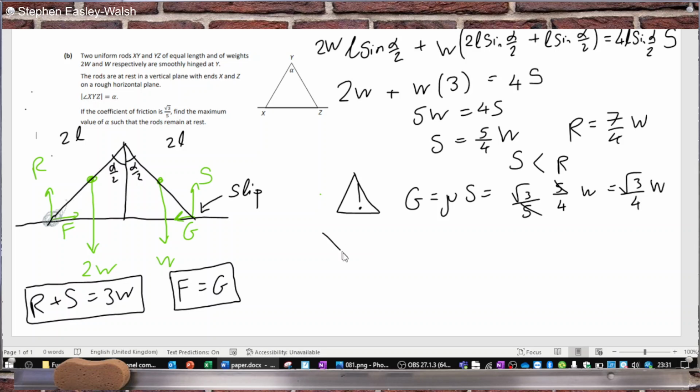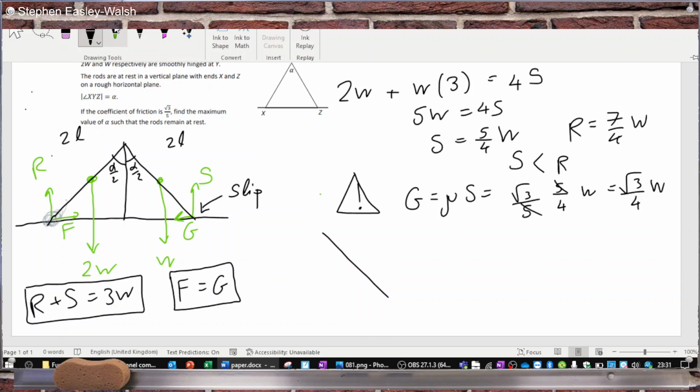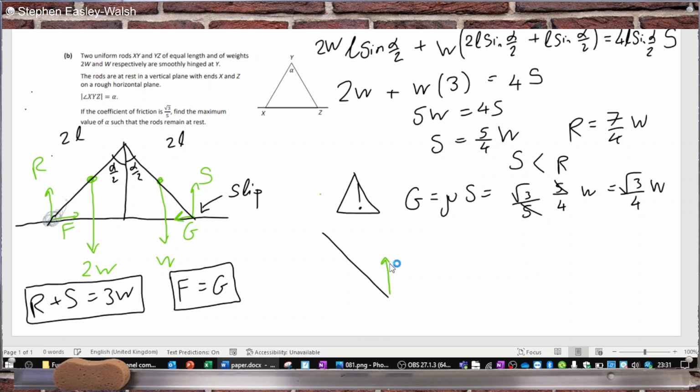So if I draw this rod now, we know the S here, it's 5 over 4W, that's a W, and that's a root 3 over 4W, and we'll take the turning point here.